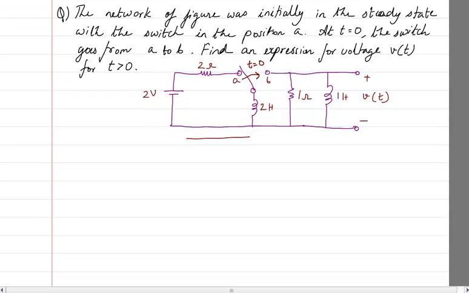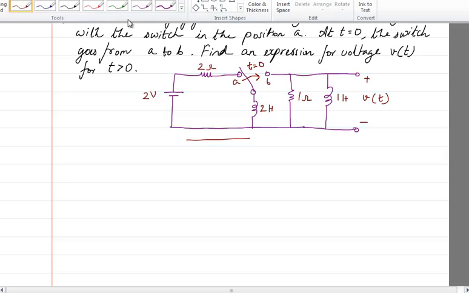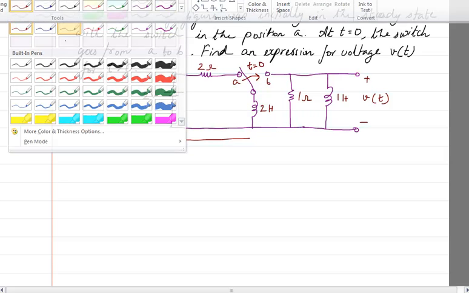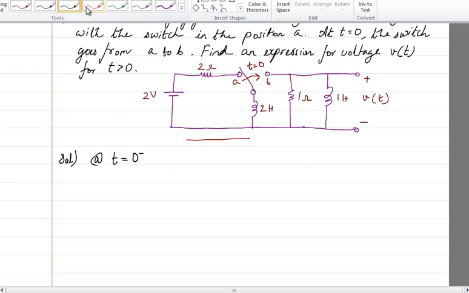So as we have done previously, the first thing is, before time t is equal to 0, what is the situation? So I will write solution at t is equal to 0 minus, that is just before the switch is going to happen. What is the condition we are having?